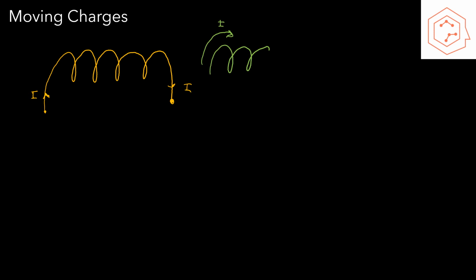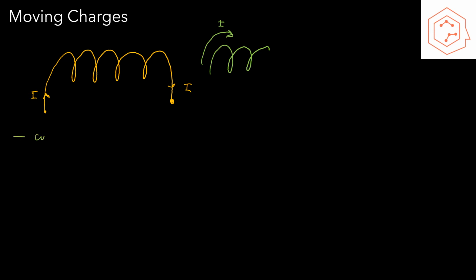Then we know that there's going to be a magnetic field created around this wire. But since all these wires are curled in such a way, these magnetic fields are going to interact, and we're going to make one bigger magnetic field, which is the sum of all the smaller magnetic fields around these wires.